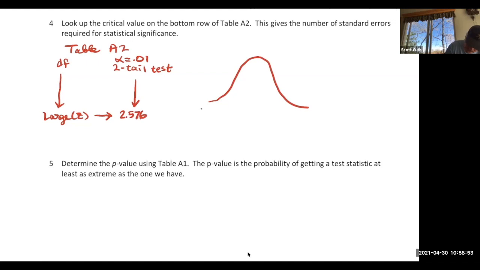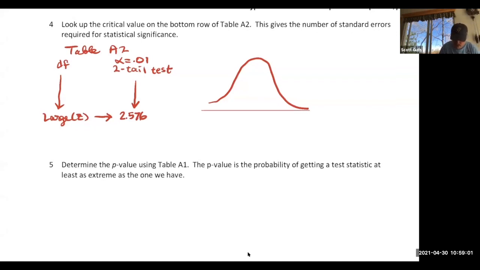I'll draw this. Again, it's a two-tail test. So technically, this could go into either tail of our distribution. But it's way out in the tail. So 2.576, and on the other side, negative 2.576.